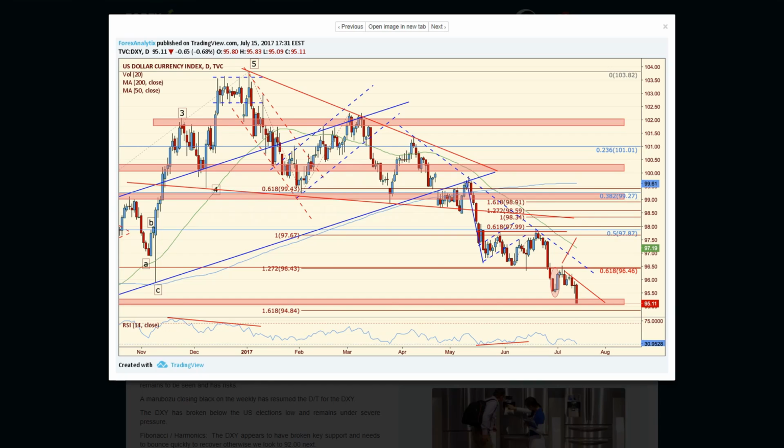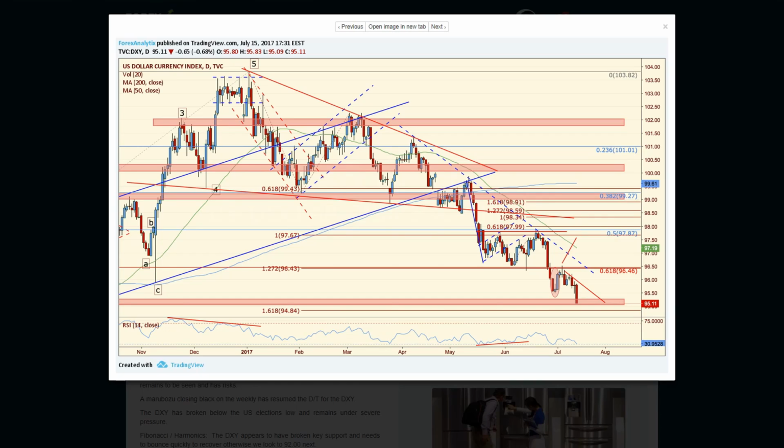Thursday morning we do have the ECB, but will the dollar stay this week going all the way to Thursday? Because on Thursday we have the European Central Bank and their meeting, and Mario Draghi already hinted he's going to talk about monetary policy at the Jackson Hole meeting in August.